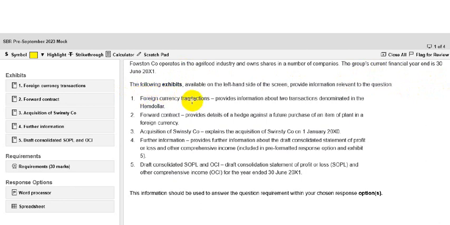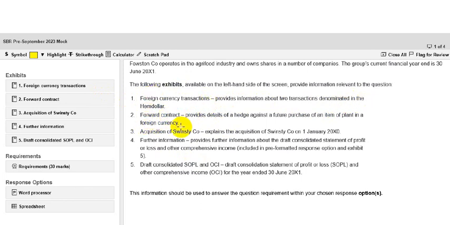The following exhibits available on the left-hand side of the screen provide information relevant to the questions. Then they tabulate what each exhibit is all about. The first exhibit is about foreign currency transactions, and provides information about 2 transactions denominated in the Henny dollar.